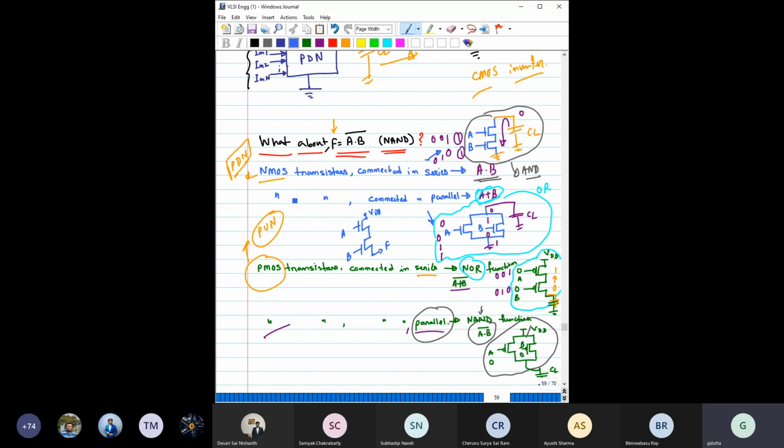But suppose you want to make a general understanding from here, then it would be like when both are 1, then only this output is going to be equal to 1, isn't it? So from that perspective, yes. But you are right, I agree with your point. If this is the circuit that we are considering for this purpose, then it should be NAND only.